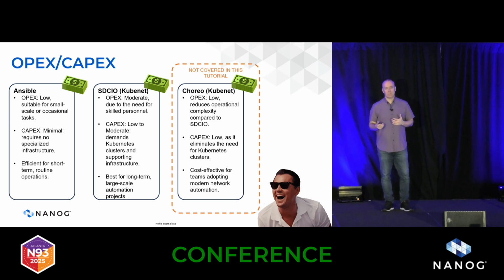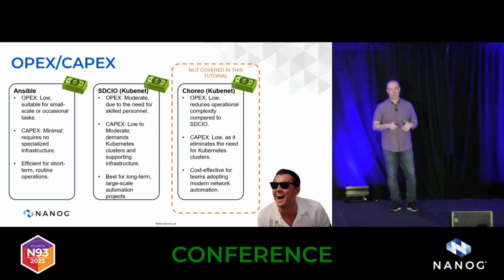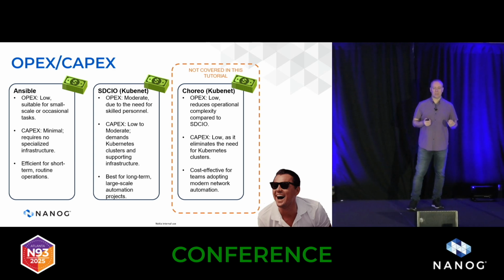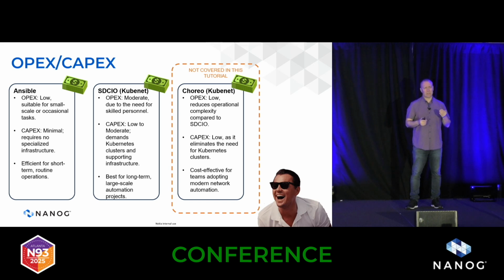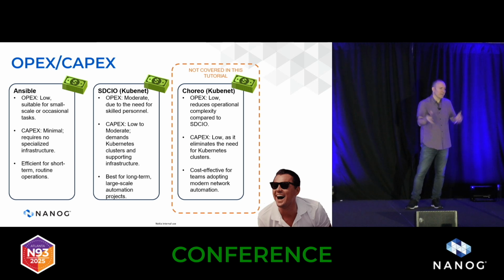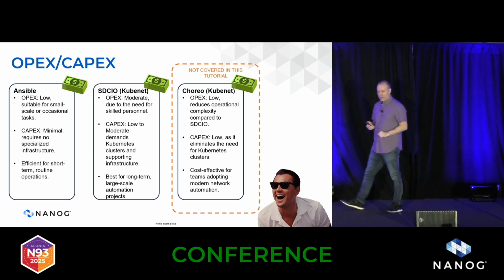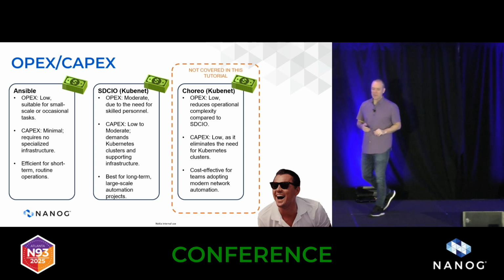Choreo is very low because it's a lightweight application and you are removing the cluster. You don't have the Kubernetes cluster for that. Also, the CapEx is low because when you are removing the cluster from the tool, it's lowering the required skills and also the compute requirements.